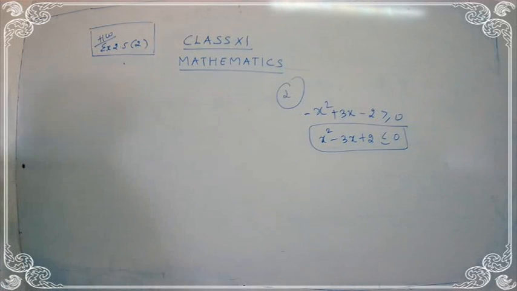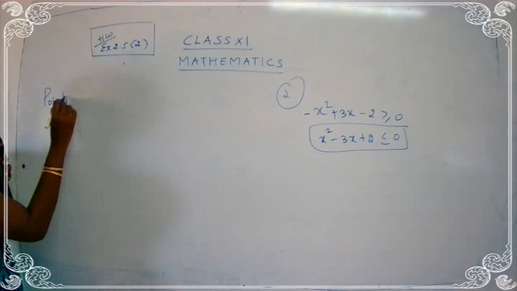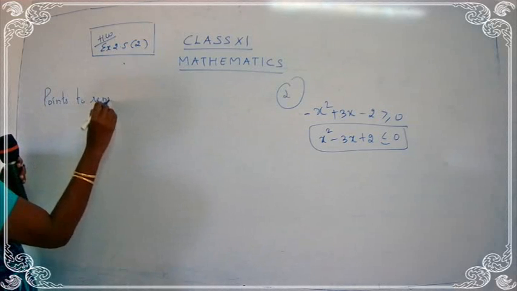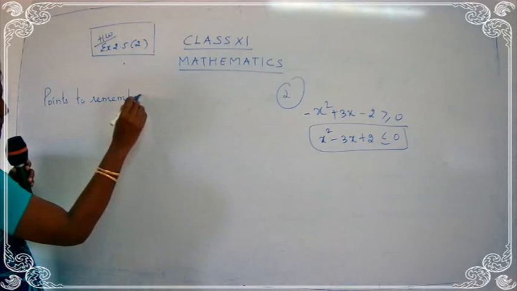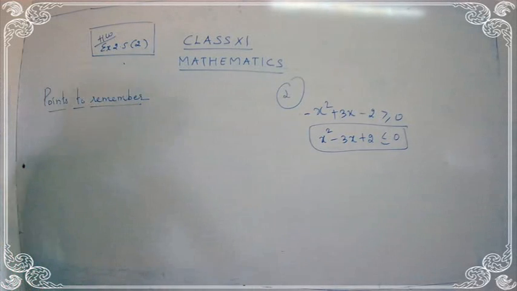Okay, let's start with the points. Give the heading, you can just continue, no need to take a new page. Points to remember. These points will be useful for you in solving exercise 2.6.